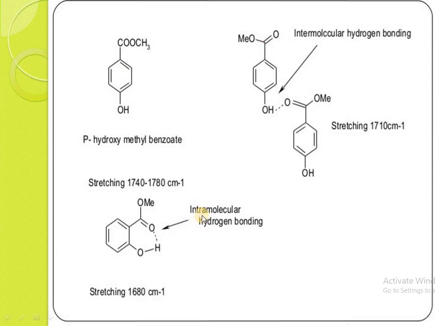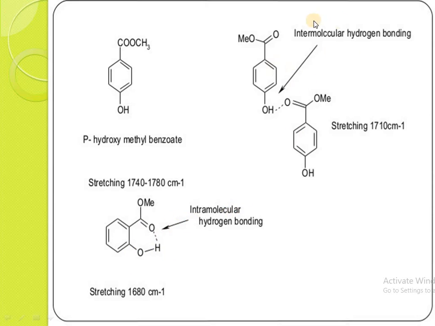As in this example, para-hydroxymethylbenzoate, the OH group can be present at the ortho, meta or para position. If it is at the para position, then we will have intermolecular hydrogen bonding, and if it is present at the ortho position, then there will be intramolecular hydrogen bonding.